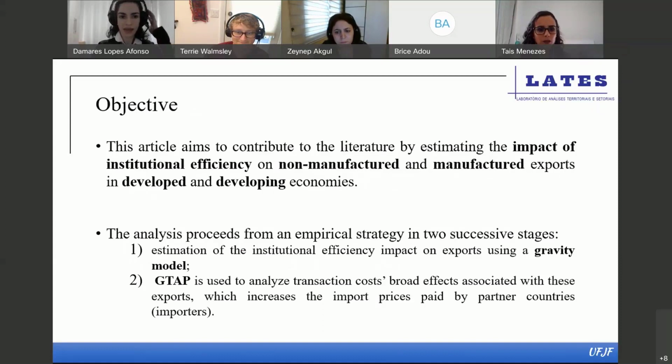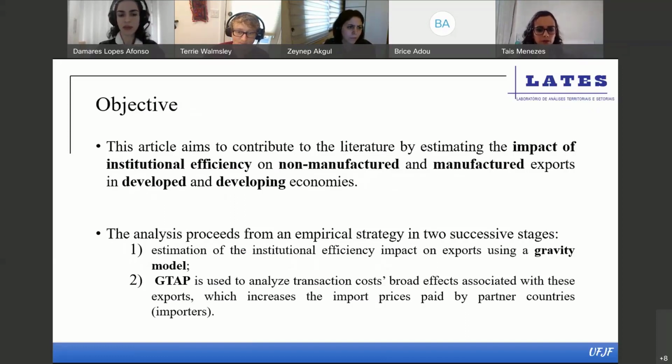This article aims to contribute to the empirical literature by assessing the institutional efficiency impact on non-manufactured and manufactured sectors in developed and developing countries. Our analysis is composed of two empirical strategies.